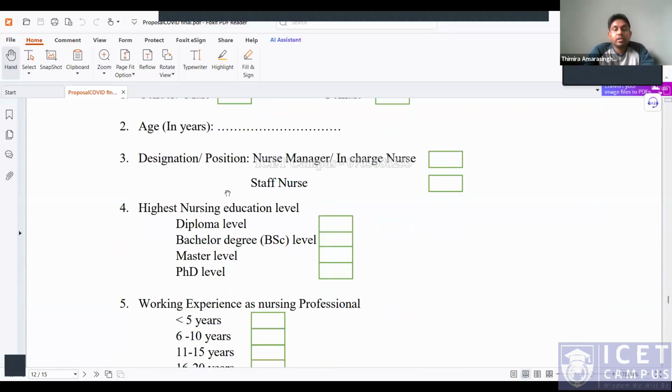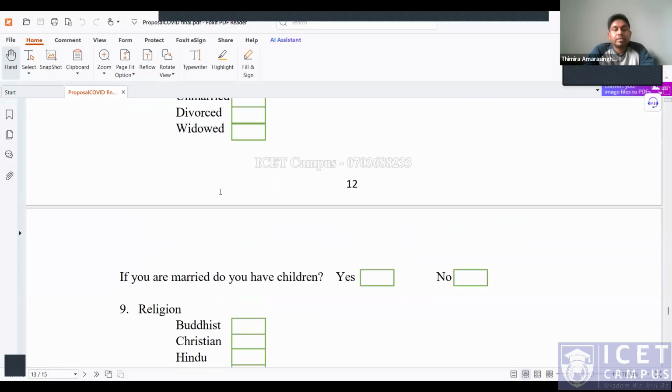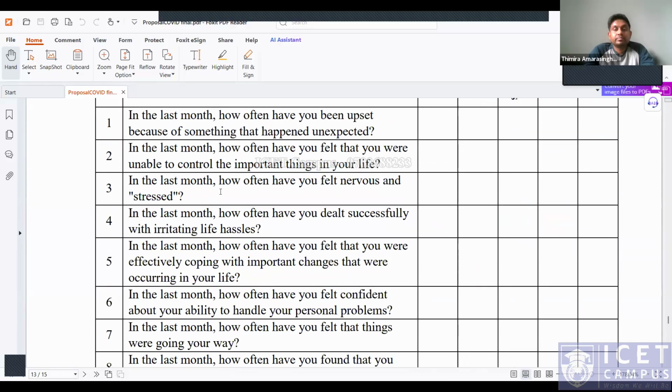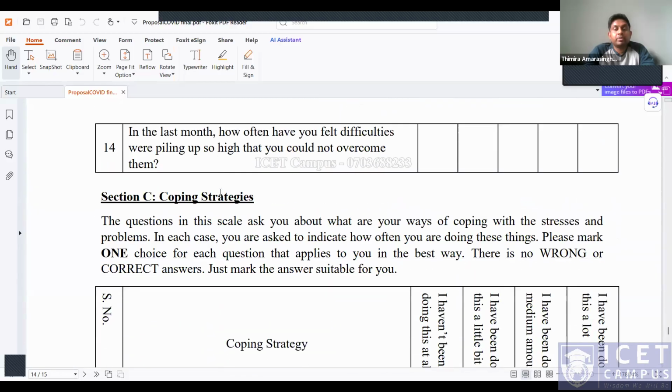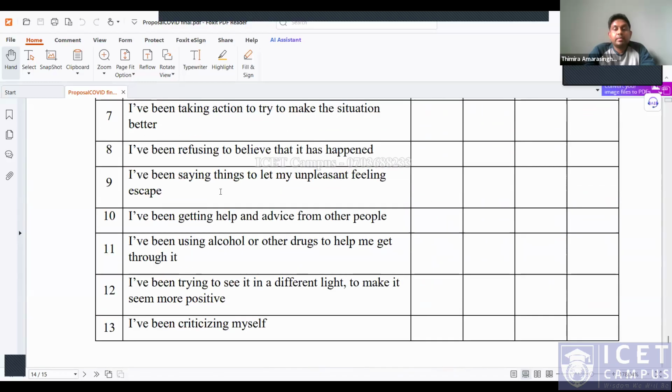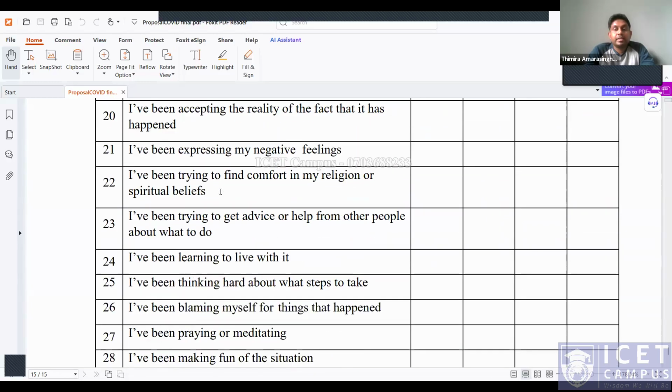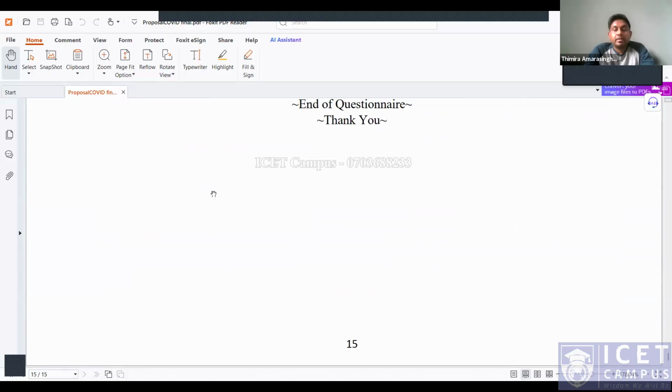The tool, what is the tool we are using? We have to put that one as well. And then finally attach the information sheet and consent form as well. So this is the basic structure for a research proposal.